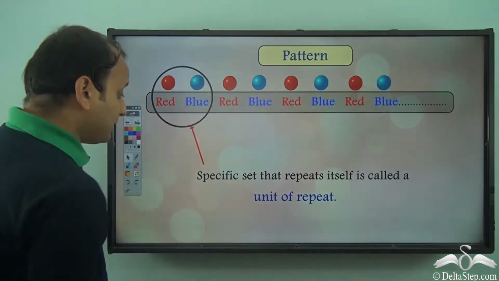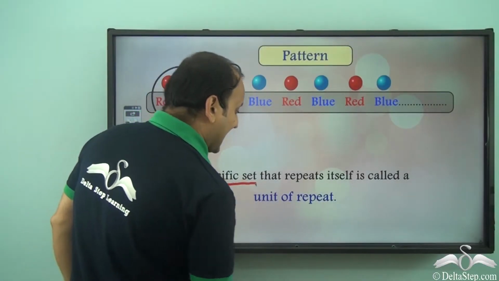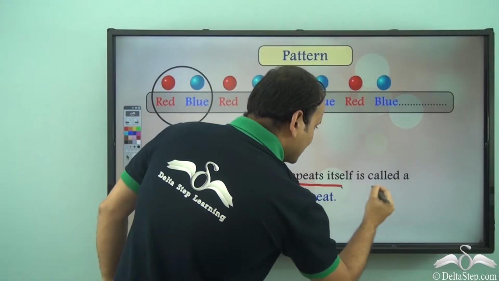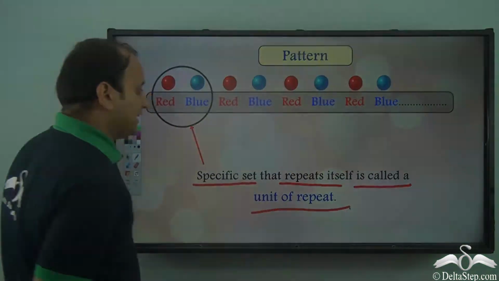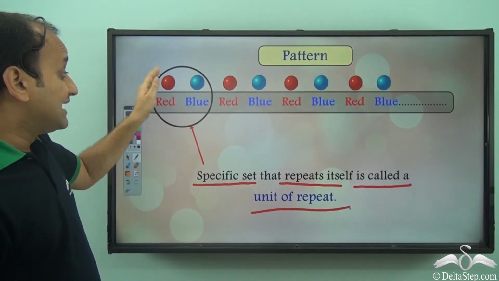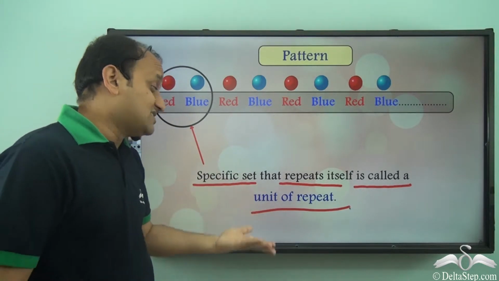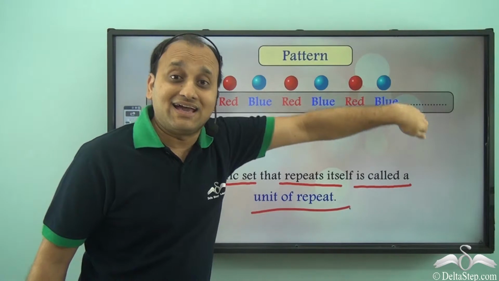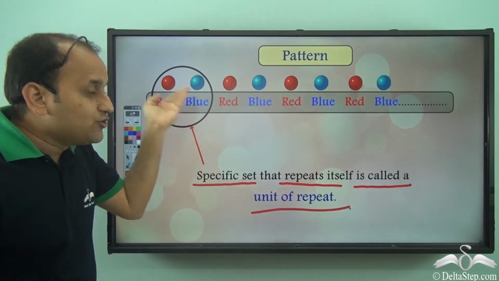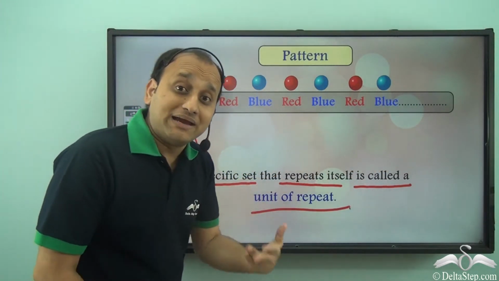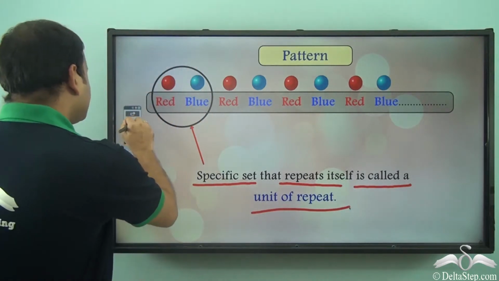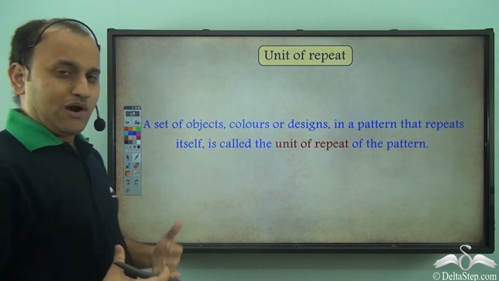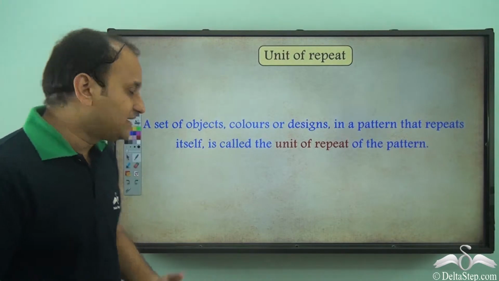Well, red and blue together make up a pair, and this pair is repeating again and again. So what is unit of repeat? Specific set that repeats itself is called a unit of repeat. So red and blue, that is the pair of red and blue, is a specific set that repeats again and again. So that is how you identify unit of repeat in a pattern. So what exactly is a unit of repeat?